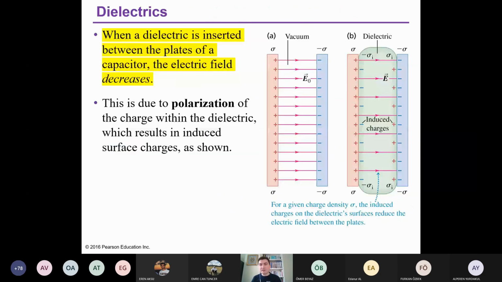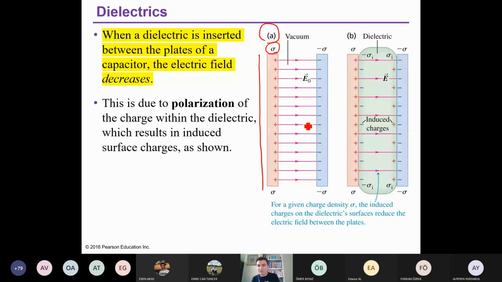And let's see what is happening if we insert a dielectric material between the plates of a capacitor. In picture A, we have a plate that is positively charged and has surface charge density sigma.